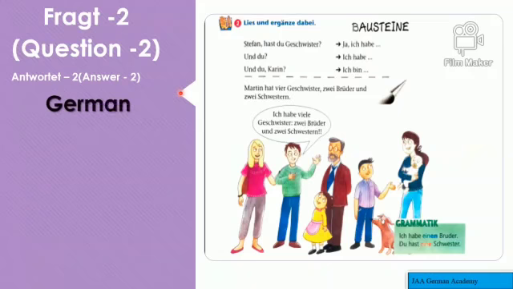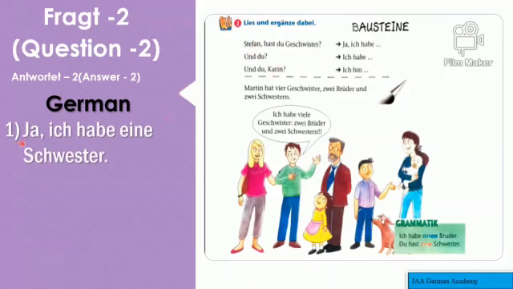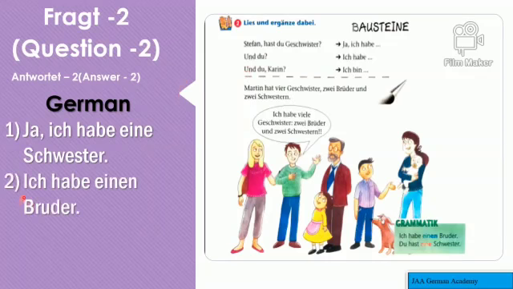So our first question is, Stefan, hast du Geschwister? And the answer for the first question will be, ja, ich habe eine Schwester. Our second question is, und du? And the answer for this question will be, ich habe einen Bruder.